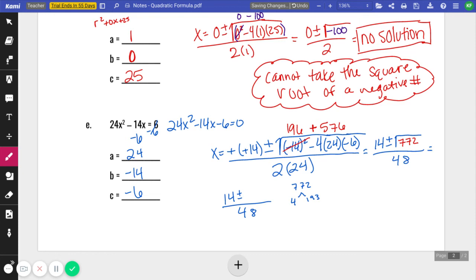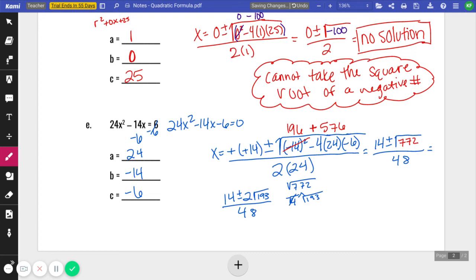And 4 is actually the largest perfect square that you can get out of 772. So when we simplify the square root of 772, we can take out that perfect square root 4, which is 2, and then we leave the square root of 193.